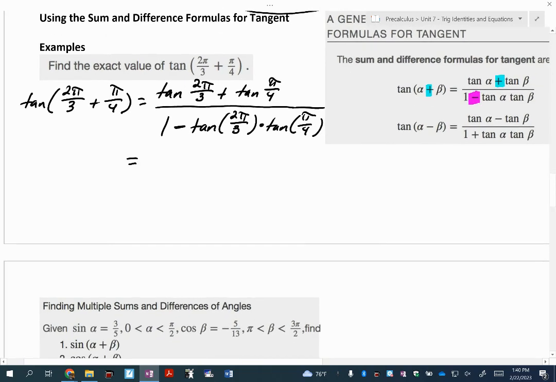So 2 pi over 3, that's going to be in the second quadrant, so it's going to be a negative. My reference angle is going to be pi over 3. 3 pi over 3 minus 2 pi over 3 is 1 pi over 3. The tangent of pi over 3 is just the square root of 3, plus the tangent of pi over 4 is 1. All over 1 minus that tangent of 2 pi over 3, which is negative square root of 3, times tangent of pi over 4, which is 1.